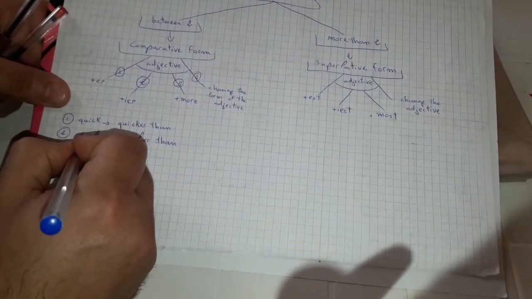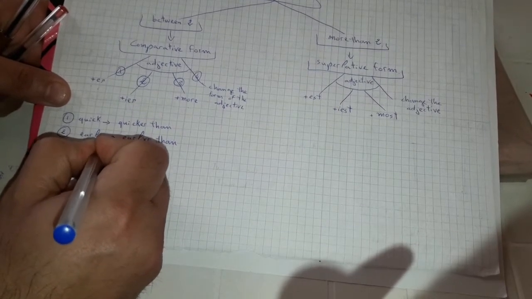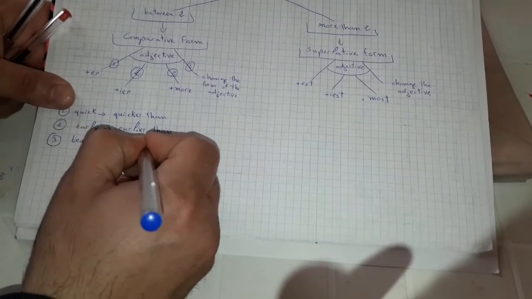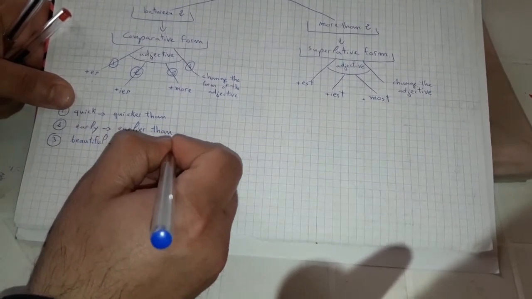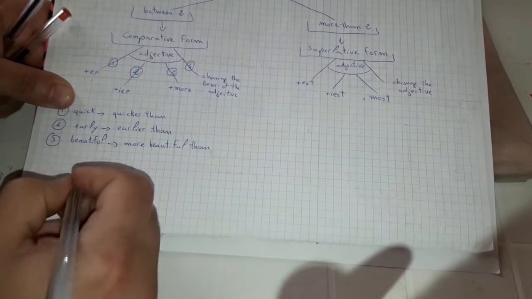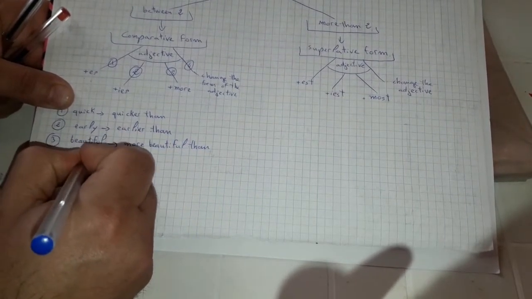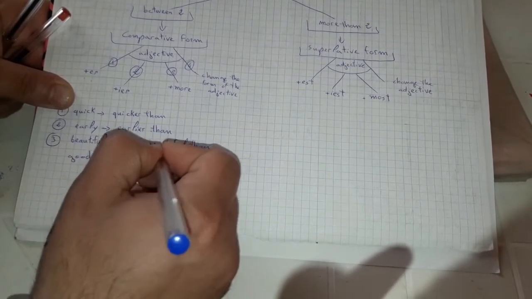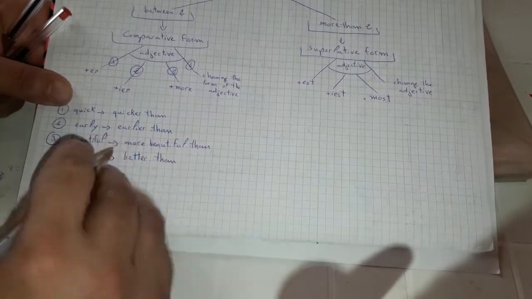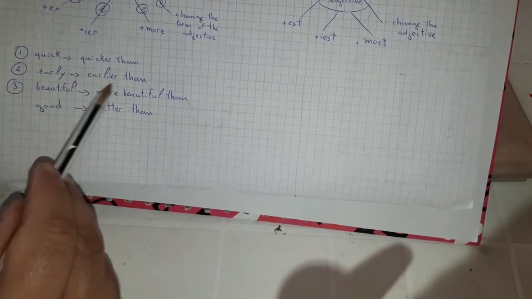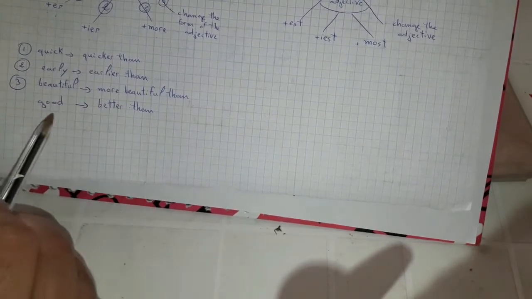Three, beautiful: more beautiful than. And then we have good, so it becomes better than. Okay, quick, quicker than. Early, earlier than. Beautiful, more beautiful than.